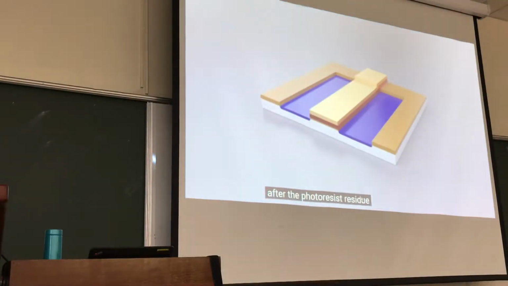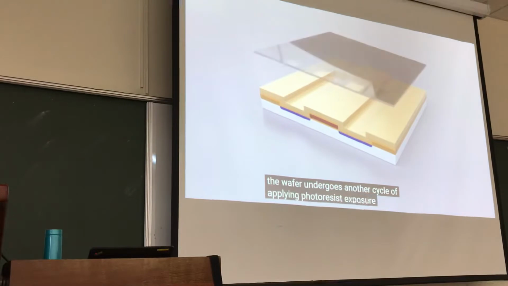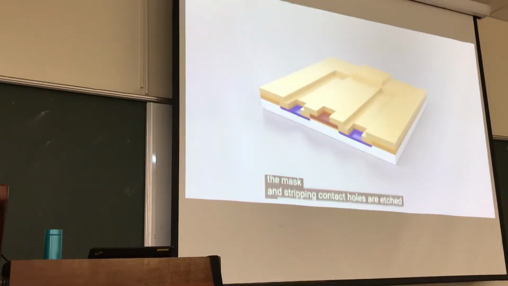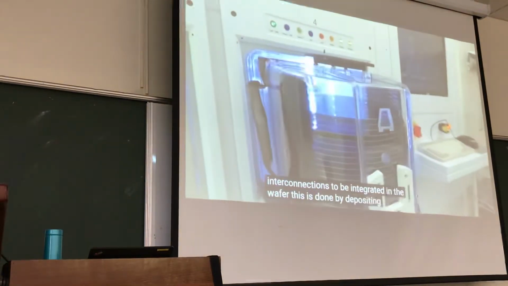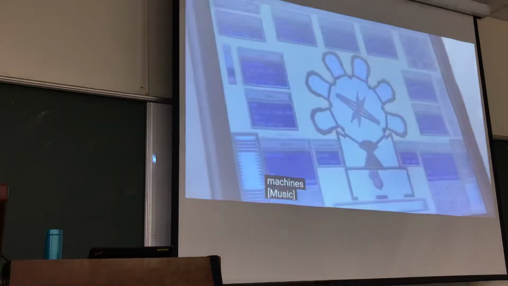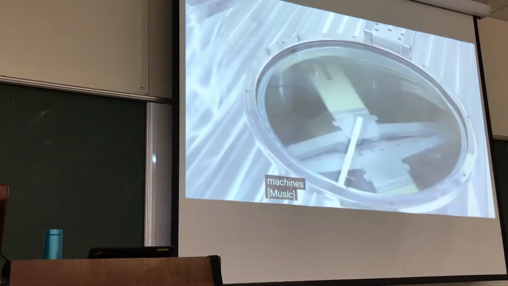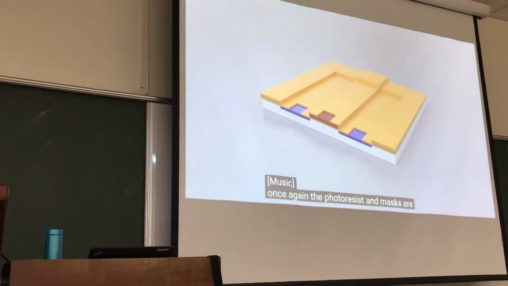After the photoresist residue has been stripped, another oxide layer is applied. The wafer undergoes another cycle of applying photoresist, exposure through the mask, and stripping. Contact holes are etched to provide access to the conductive layers, enabling the contacts and interconnections to be integrated in the wafer. This is done by depositing metal alloys onto the wafer in sputtering machines. Once again, the photoresist and mask are applied.